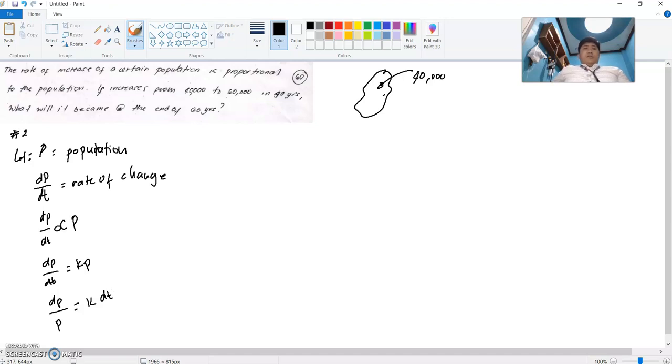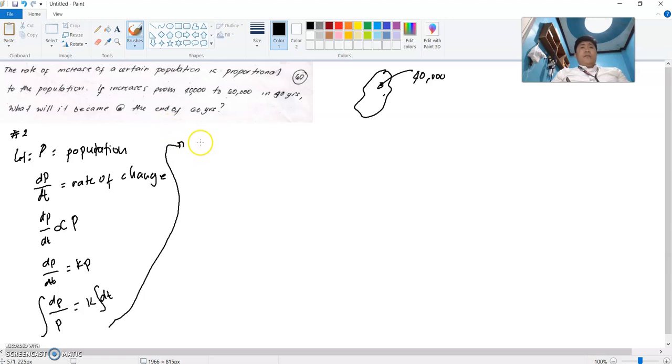Okay? We can now solve this one. From here, we can integrate because this one is separated. Sir, can we integrate the k? It has a different variable. Again, k is a proportionality constant, meaning it is a value.